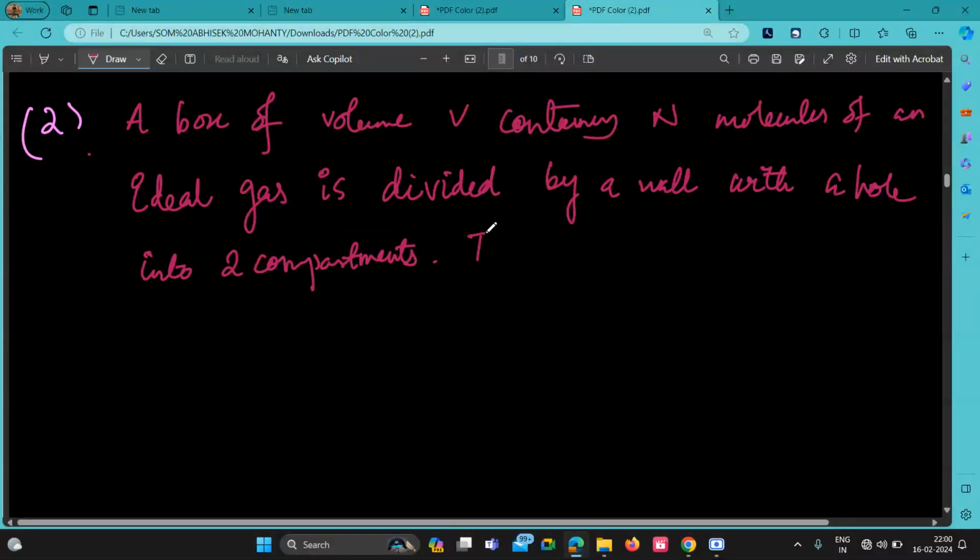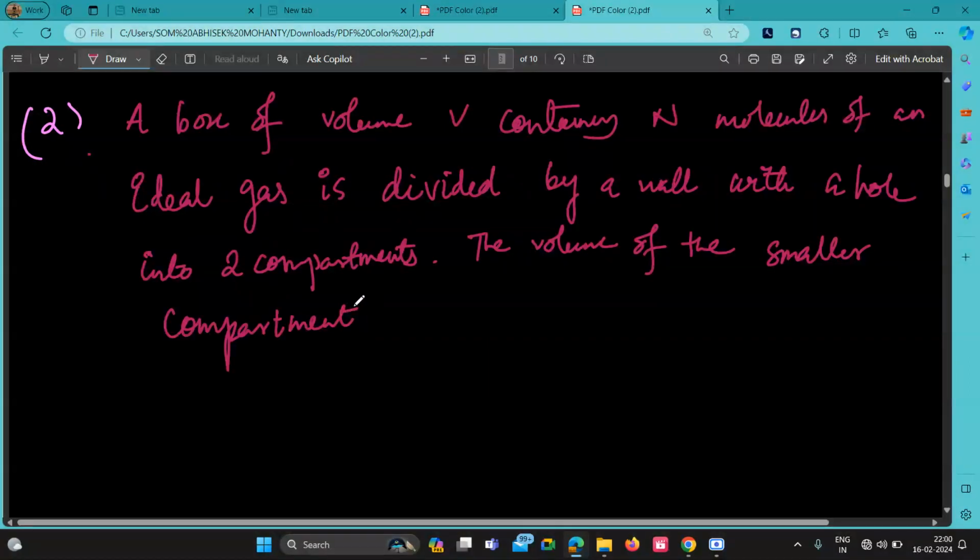The volume of the smaller compartment is V by 3.